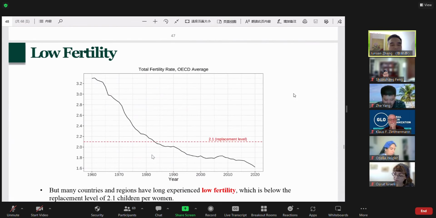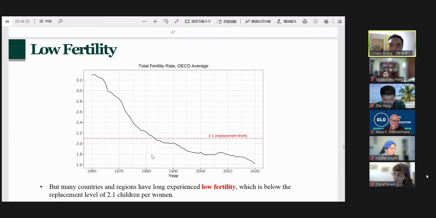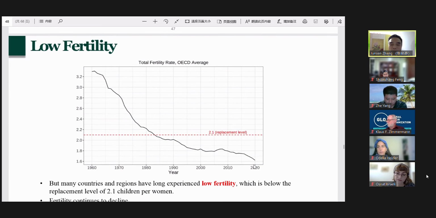Of course, as I noted earlier, low fertility has been a global phenomenon, a global challenge. The total fertility OECD average, right, is always going down all the time, and also below 2.1.